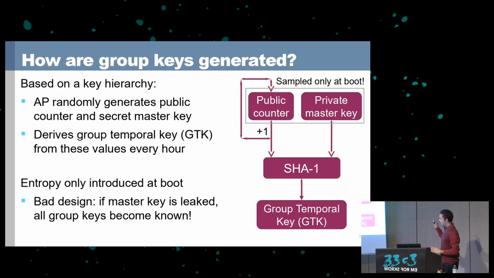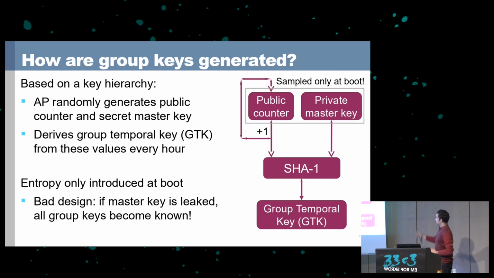So this is a bad design and should be avoided. Unfortunately, it is officially specified this way in the standard, and the standard recommends everyone to use this key hierarchy.